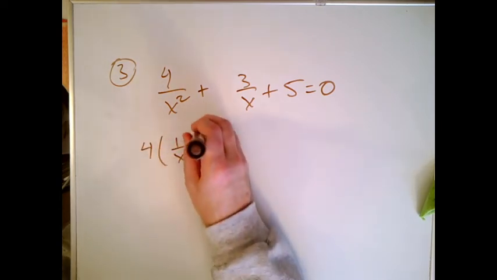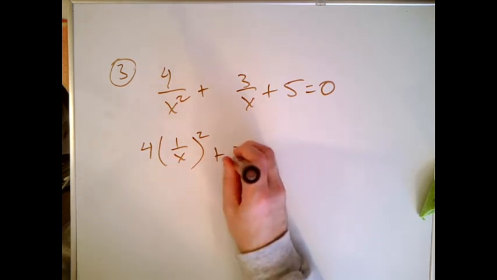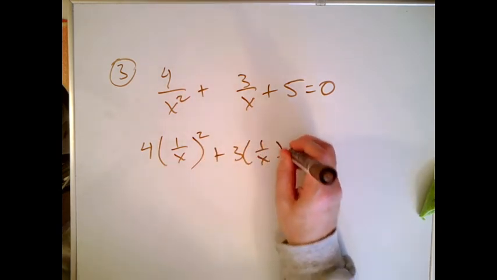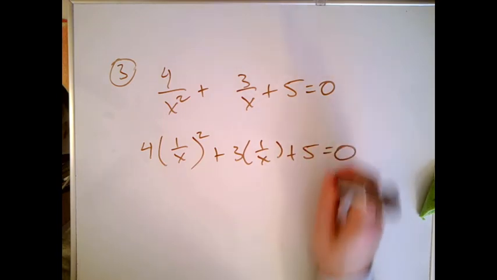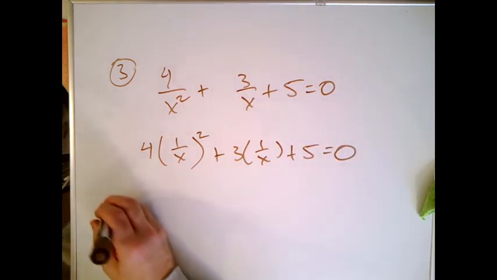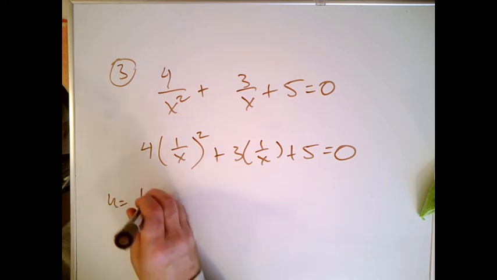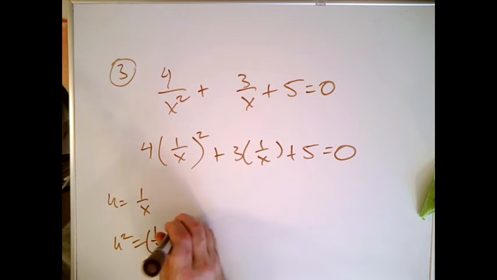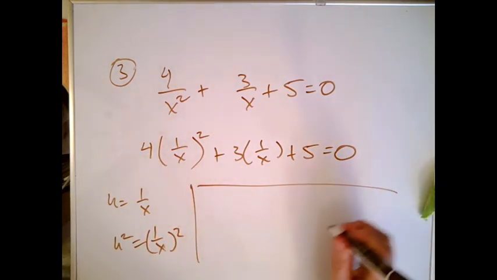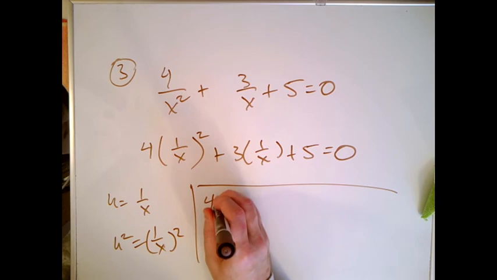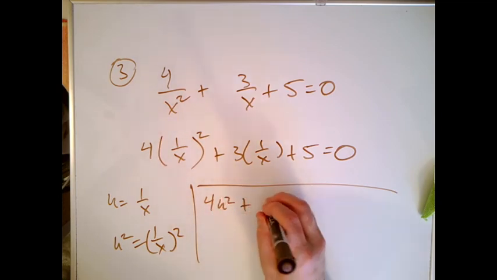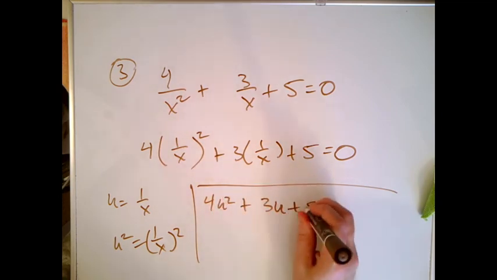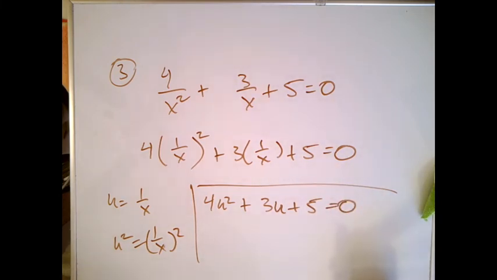This is 4 times 1 over x quantity squared plus 3 times 1 over x plus 5 equals 0. And then I'm going to let u equal 1 over x, and then squaring it, u squared is 1 over x quantity squared. And so this equation is going to turn into 4u squared plus 3u plus 5 equals 0, and that is a quadratic equation, and we can solve this any way we solve a quadratic equation. Now in the end, we have to go back and solve for x.